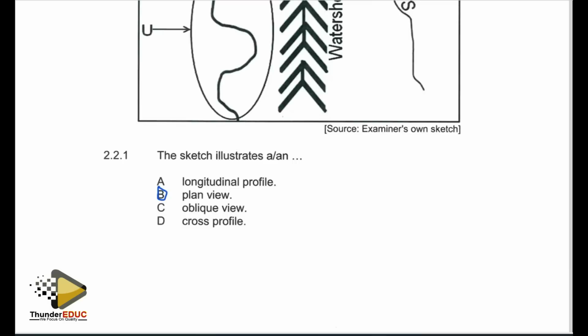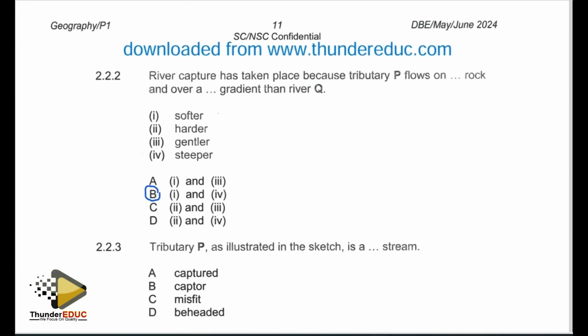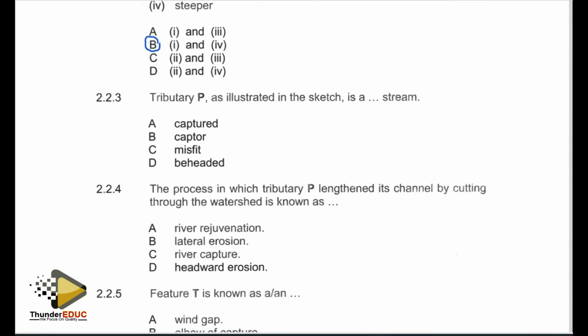Right, so going back to our question, for tributary P we have illustrated and labeled everything on that particular section of the river capture process. Tributary P qualifies to be the captor. It has captured the headward waters of the stream on the other drainage basin.